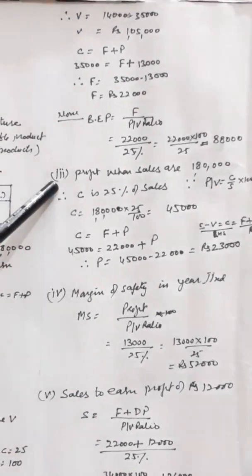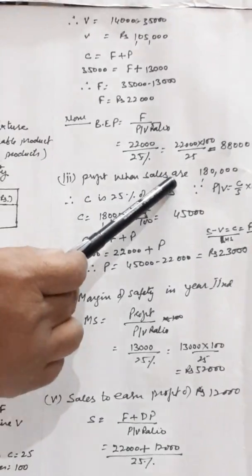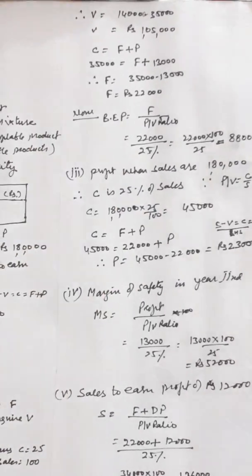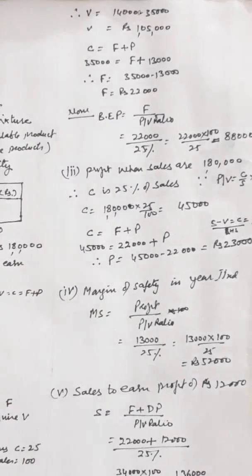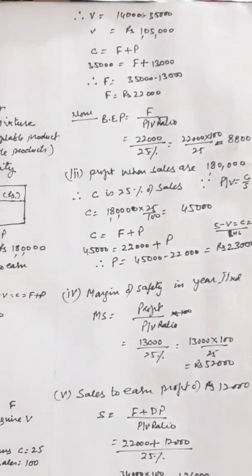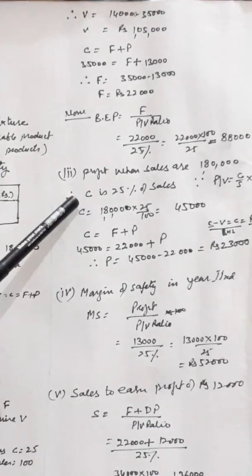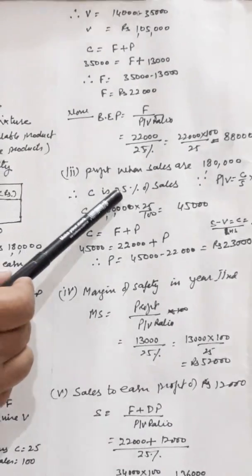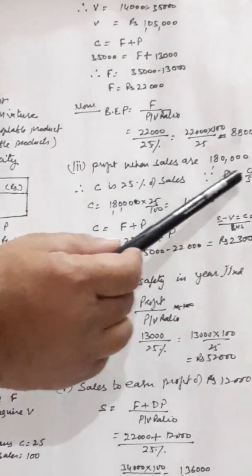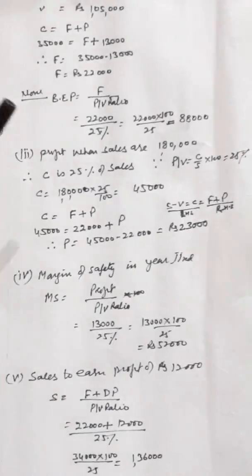Next, third step is profit when sales are 1,80,000. How much profit will we earn if we sell goods worth rupees 1,80,000? As we know, contribution is 25% of sales because PV ratio is 25%.